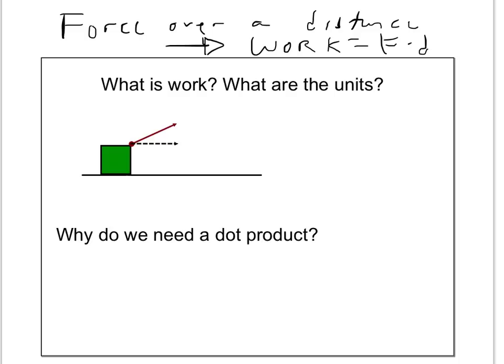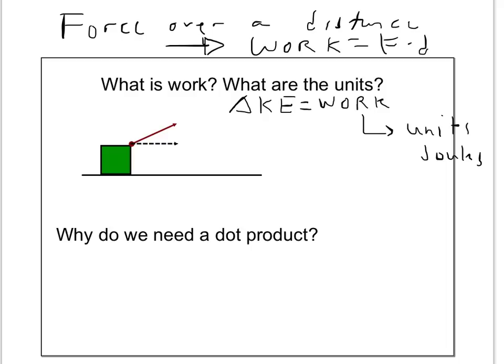So work is force over a distance, and since the change in kinetic energy equals work, these must have the same units. So the units of work must be joules.